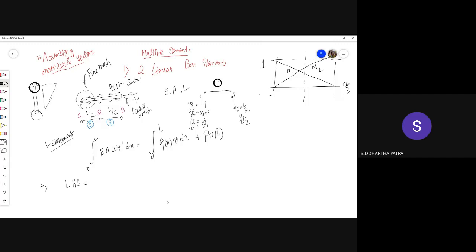But that way we would be getting only the element stiffness matrix. But let's see what happens now. Now the thing is, if I take this integration, I can split that into two parts.